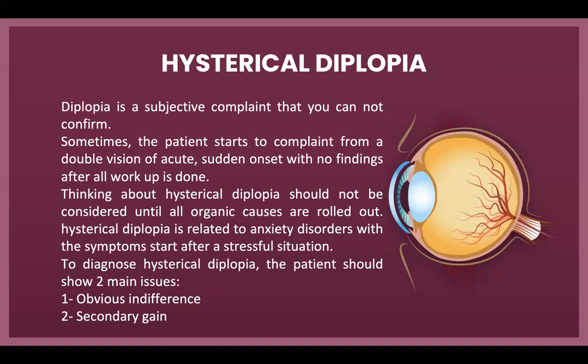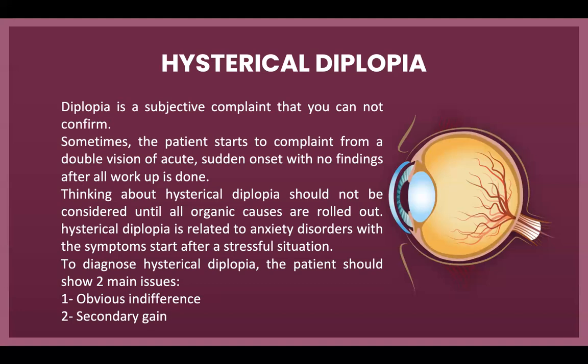If the patient is having double vision, you cannot confirm, you cannot deny. So if you do all the necessary investigations, tests and examinations, and they are all normal, with no finding, at that time you should think about hysterical or conversion diplopia.